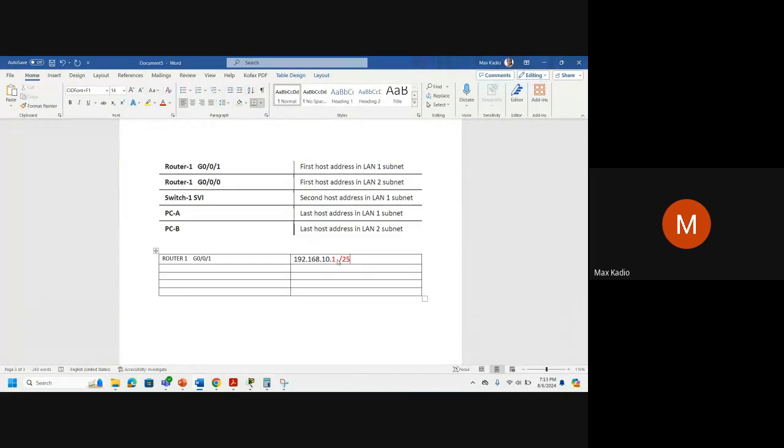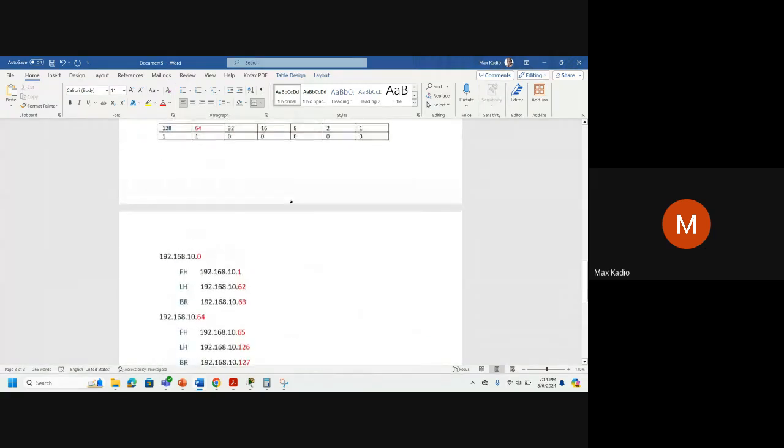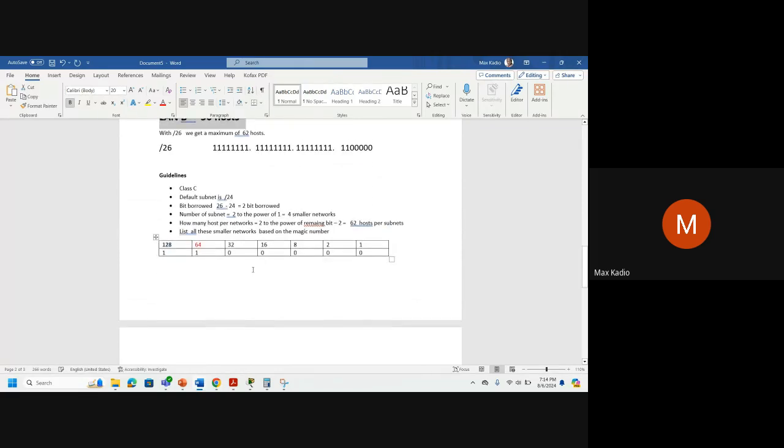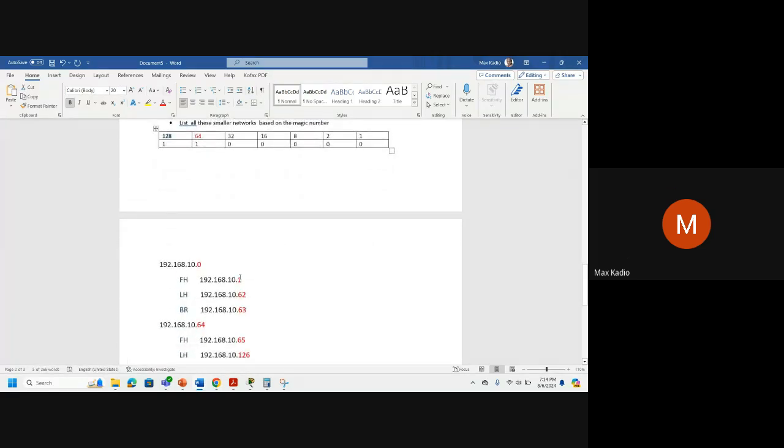The first host. G0/0, first host address in LAN 2. What is LAN 2? This is here, or LAN B. First.